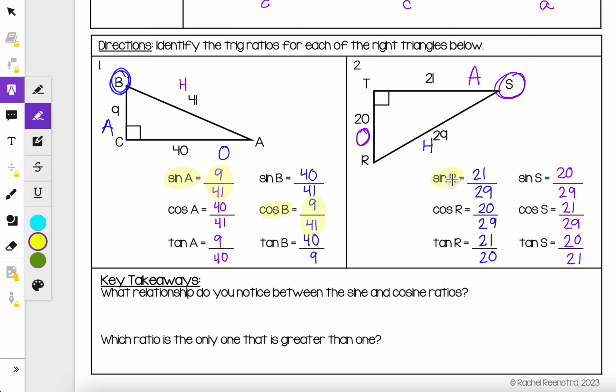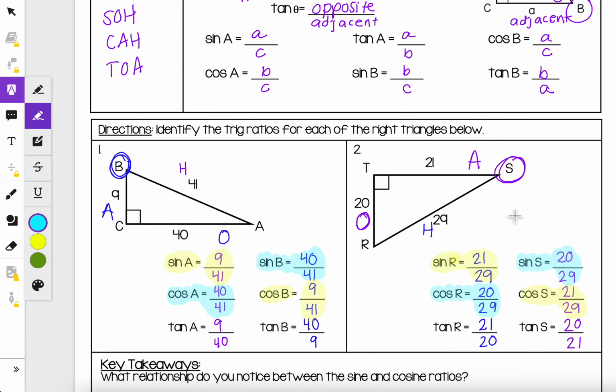The sine of R was 21/29, which was also the cosine of S. I noticed that also happened. Here the cosine of A was 40/41, which was the same as my sine of B, which was 40/41. The cosine of angle R was 20/29, which was the same as my sine of S, which was 20/29, okay?